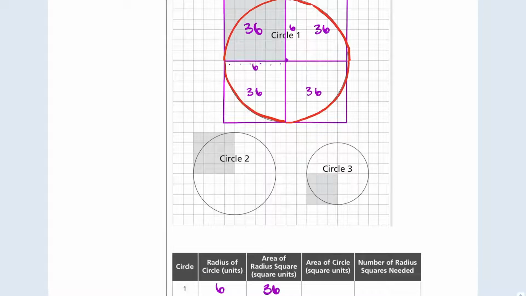All right, hopefully you pause the video, hopefully you talk to someone. If you said 4 squares, the area is going to be overestimated.